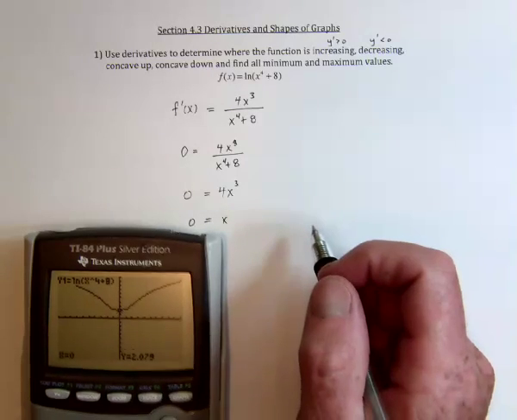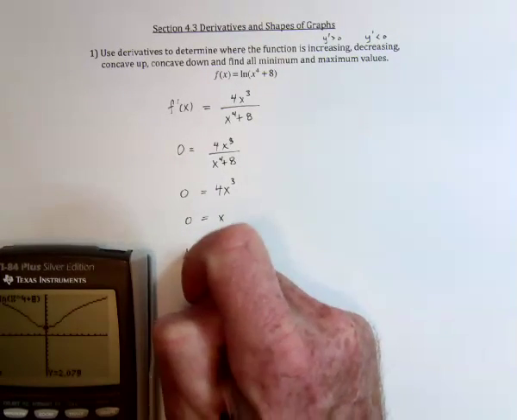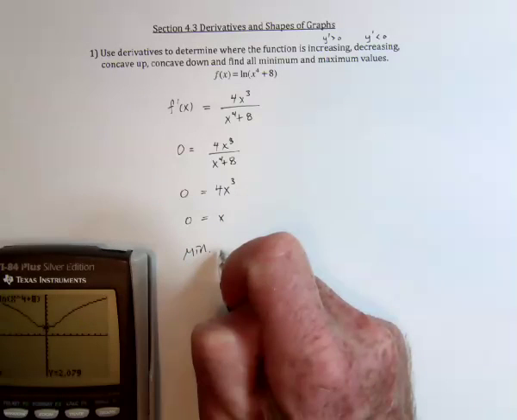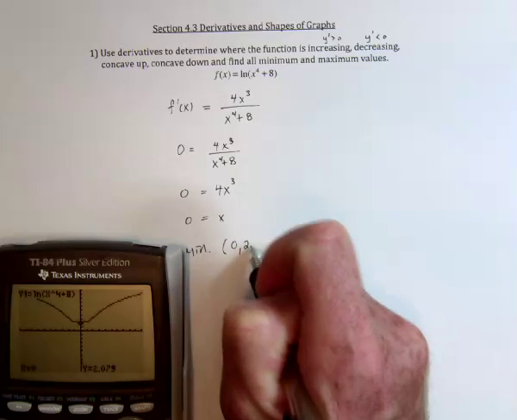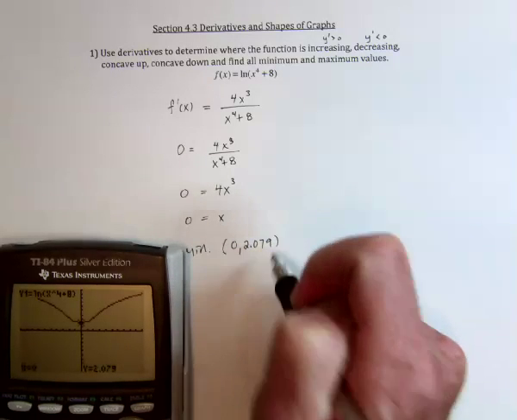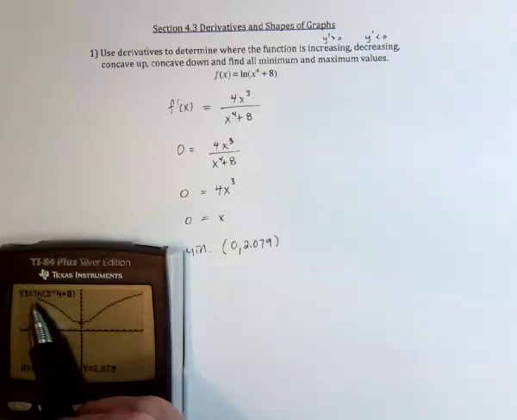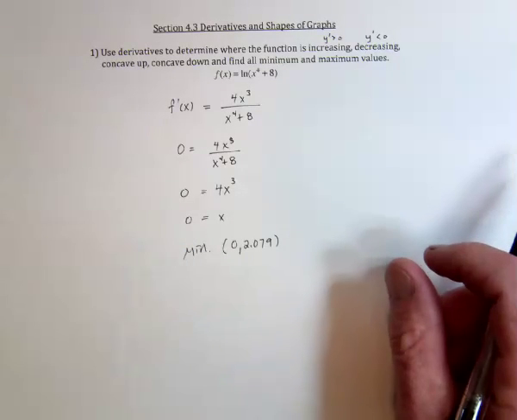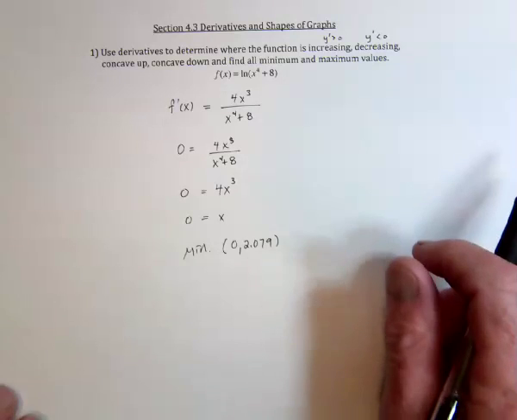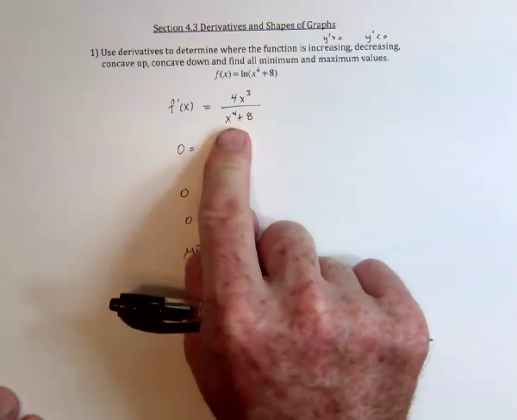So there's a minimum at 0 and 2.079, and it looks like the derivative is negative on that side and positive on that side. Well, I could go back and take a look at this again.